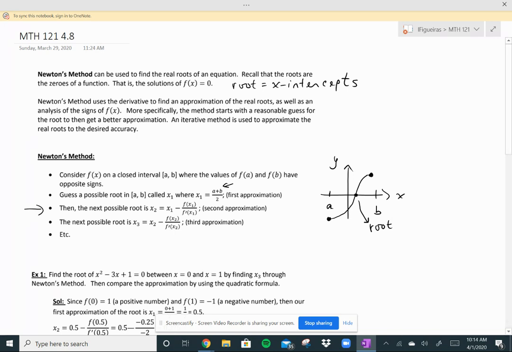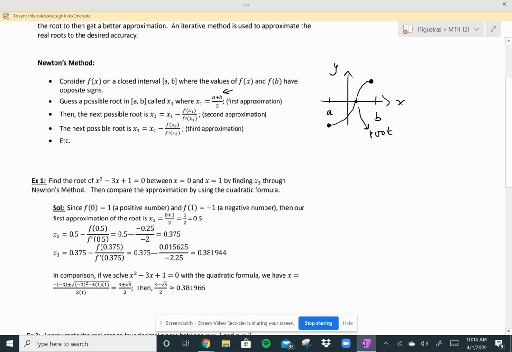But then you can continue and do it again and say that x sub 3 is equal to x sub 2 minus f of x sub 2 divided by f prime of x sub 2. And that can continue. But usually by the time you get to x sub 3, your approximation is pretty close to what the actual answer should be. So let's look at an example.